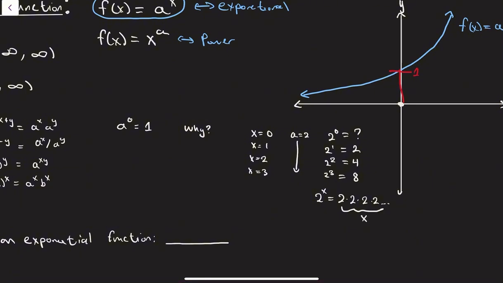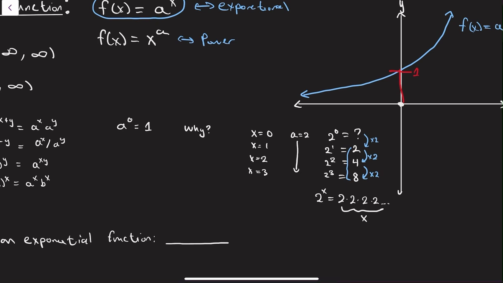That means we're multiplying by 2 at each level of x that we add on. Between here and here, we multiply by 2. Between here and here, we multiply by 2. And from here to here, we multiply by 2. You can see that this is holding true for these cases.